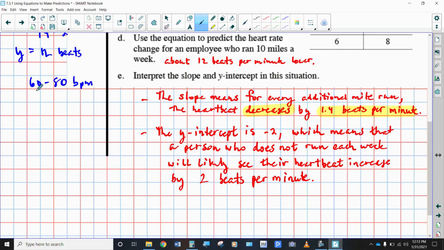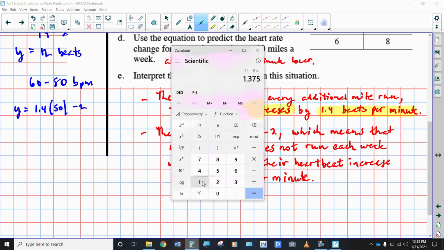Okay. So, if 80 is the normal and you run 50 miles a week, then what is 50 times 1.4? 1.4 times 50 is 70, minus 2 is 68.